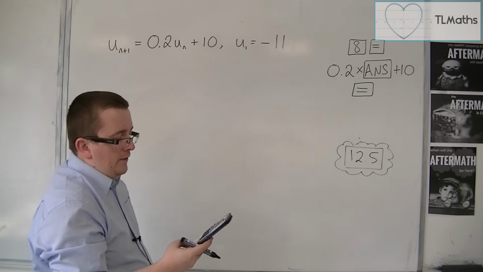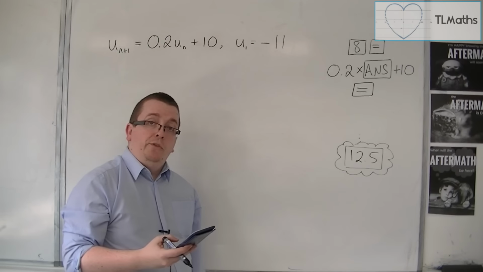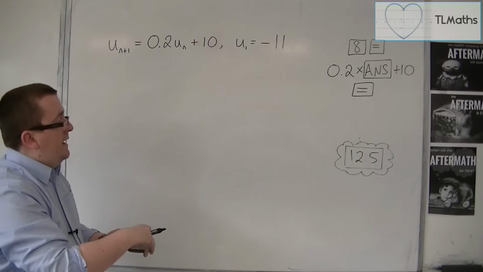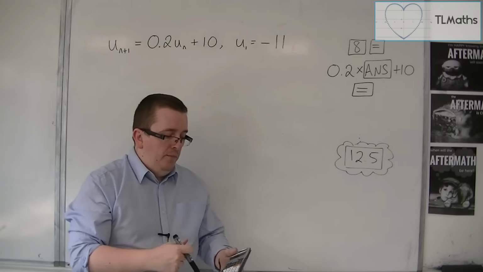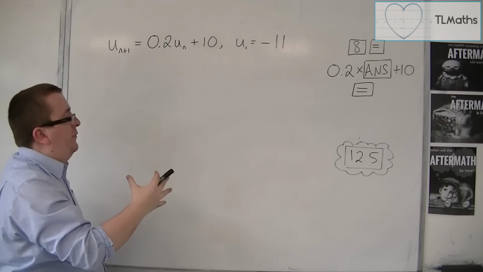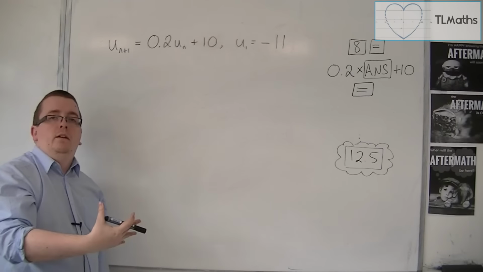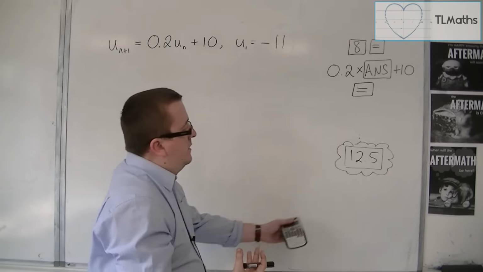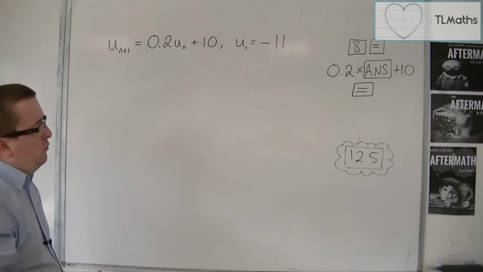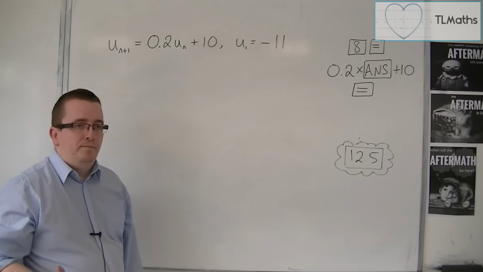Oh well, that's going towards 12.5 again. So what we're finding is that we can choose any number we like, and the sequence is converging upon this number, 12.5. So why is this happening?